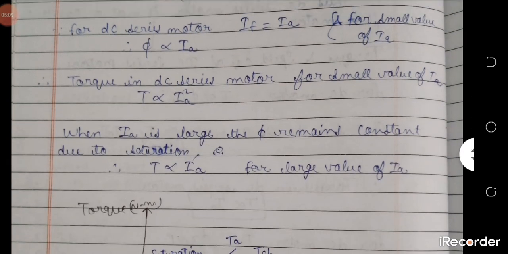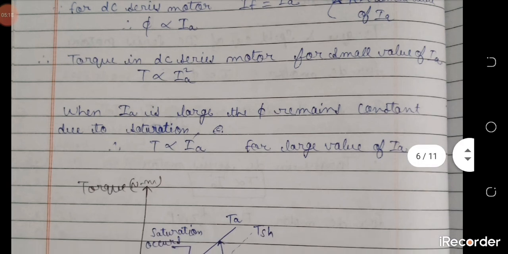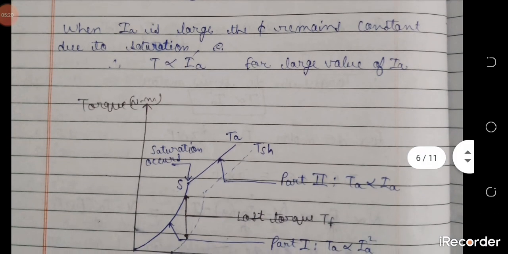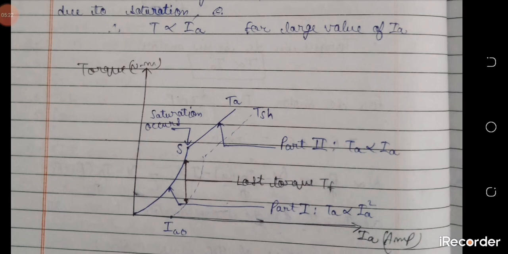When Ia is large, the phi remains constant due to saturation, so T is proportional to Ia for large value of Ia. And this is the diagram of torque versus armature current. Part 1 represents torque proportional to Ia square, and part 2 represents torque proportional to Ia.